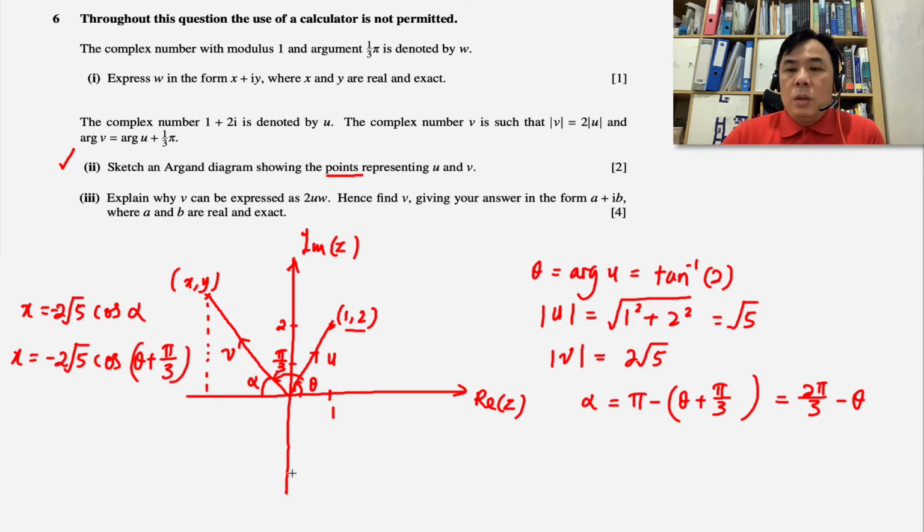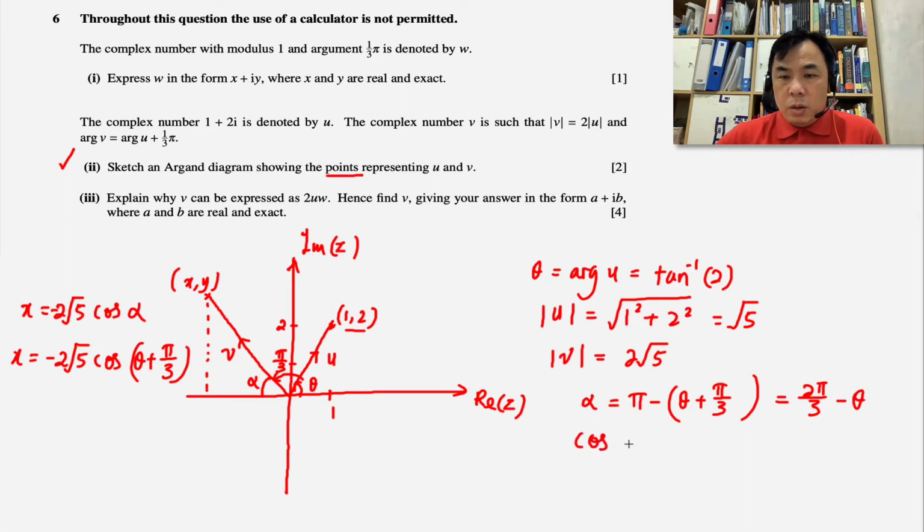Okay, now you must be wondering, why is it not the same as pi minus theta plus pi over 3 there? This value is exactly the same. If you were to write down cos, now the reasoning is here.